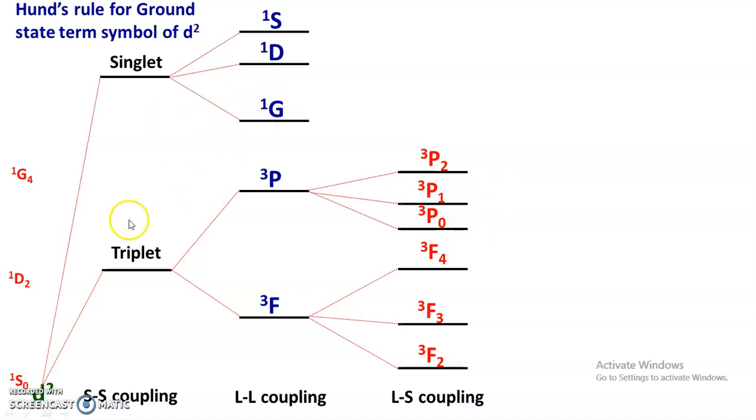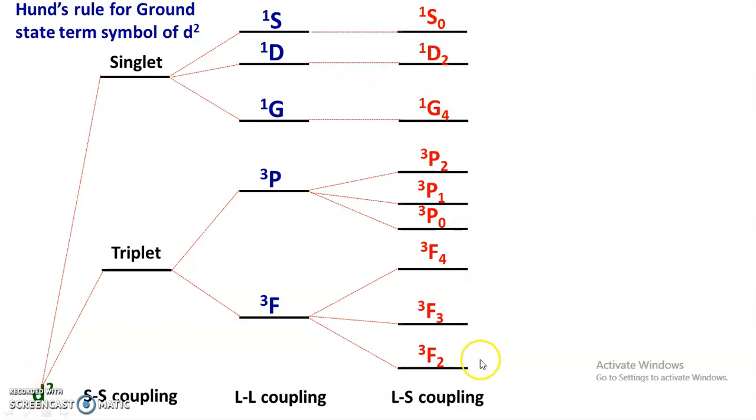Now for the 1G term there is only one term symbol, 1G4, so only one electronic state. For the 1D term there is only one term symbol, 1D2, and for the 1S term there is only one term symbol, 1S0. So this is about the arrangement of term symbols as per the energy states or energy levels.